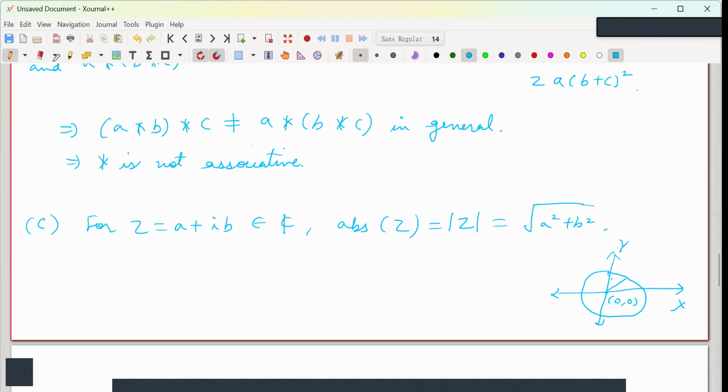Okay. So if you are interested more in mathematics, then you will learn that there are very few such geometric figures which actually give you groups. So this is the unit circle, but in general, groups are not represented by such geometric figures.